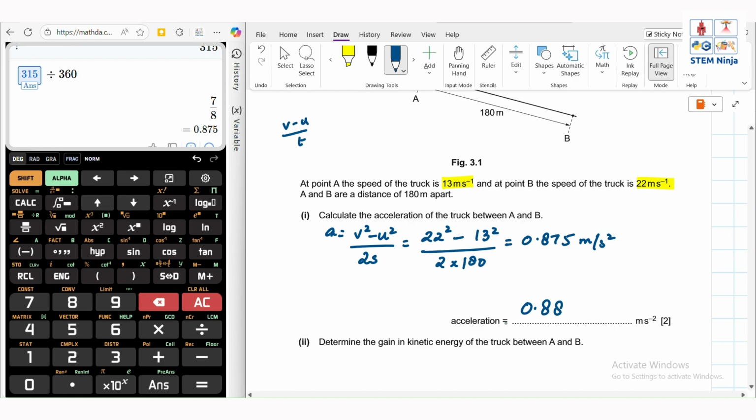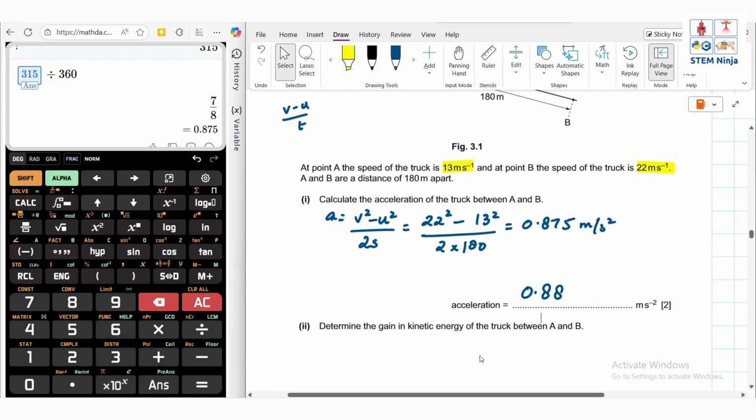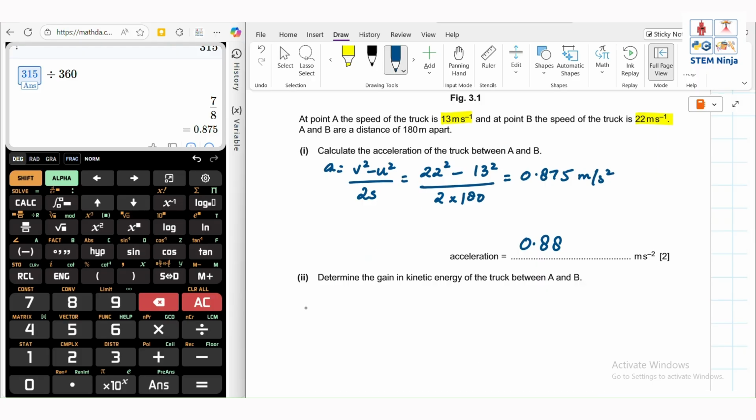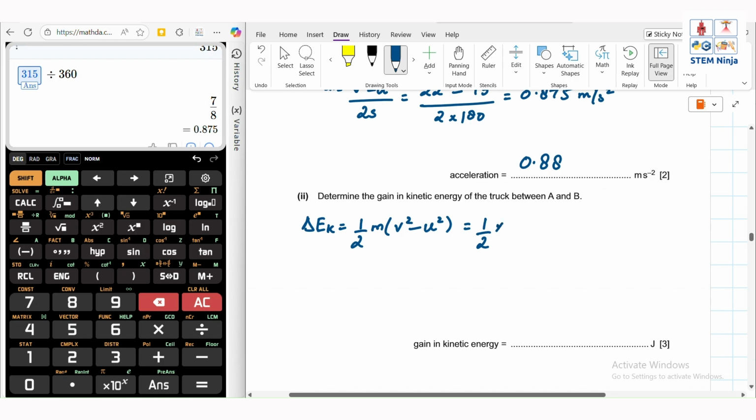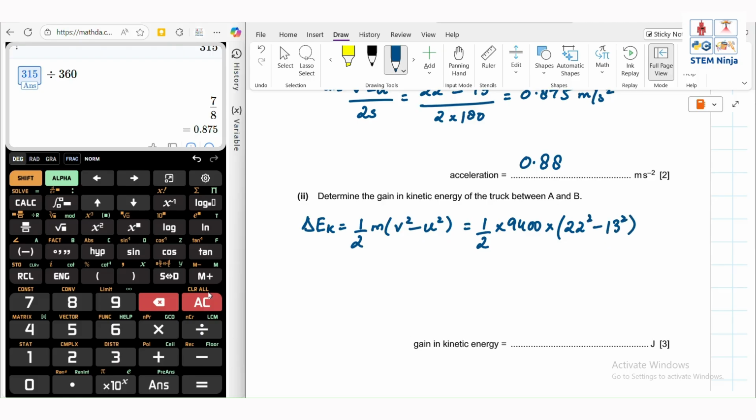Determine the gain in kinetic energy of the truck between A and B. Simply we can do half mv squared minus half mu squared. So change in kinetic energy would be half m times v squared minus u squared. So half m is 9400 divided by 2, times 22 squared minus 13 squared.